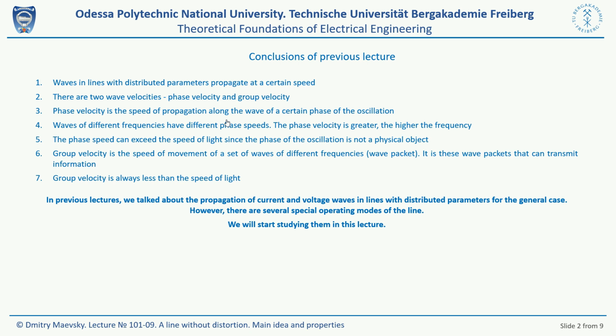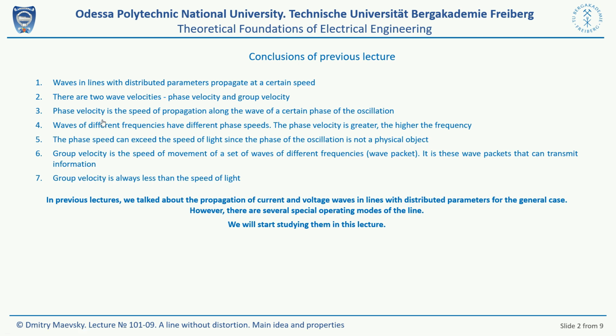The phase of oscillation is not a material object, so there is no prohibition on it moving at a speed that exceeds the speed of light. At the same time, a single sinusoidal oscillation cannot carry information.